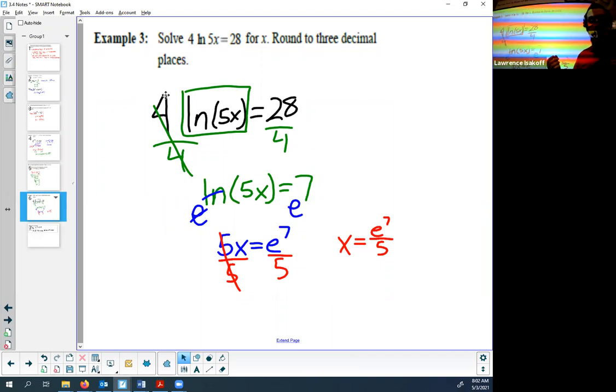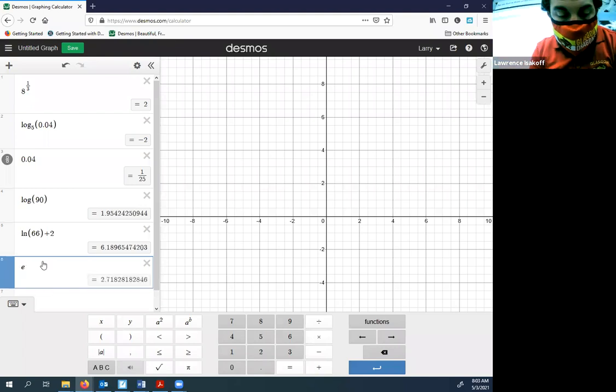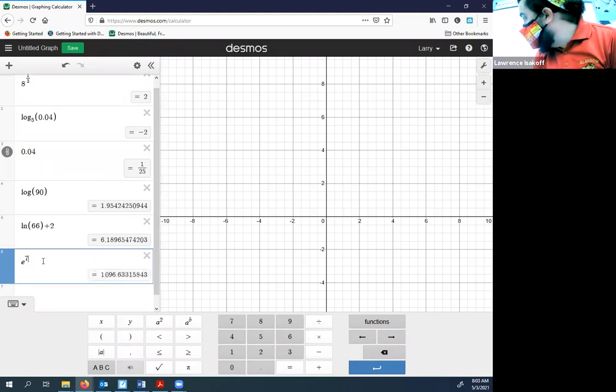Now, e to the 7th power divided by 5, I know you guys have probably very minimal clue, if you have any clue, about the magnitude of that number. I know myself personally, I'm actually struggling a little bit to figure out approximately what that would be. So I'm going to go straight to the calculator. I say e to the 7.